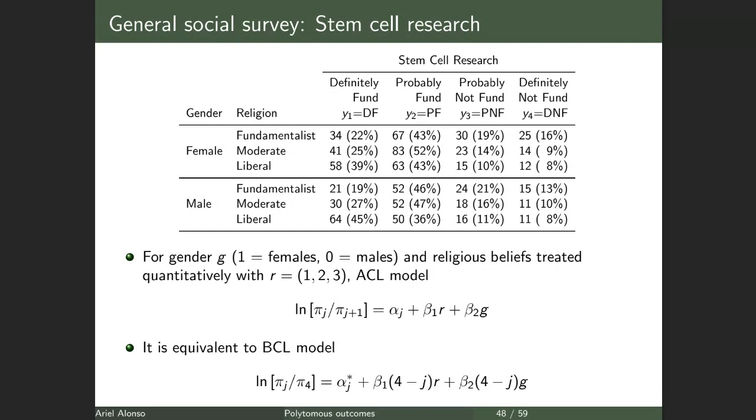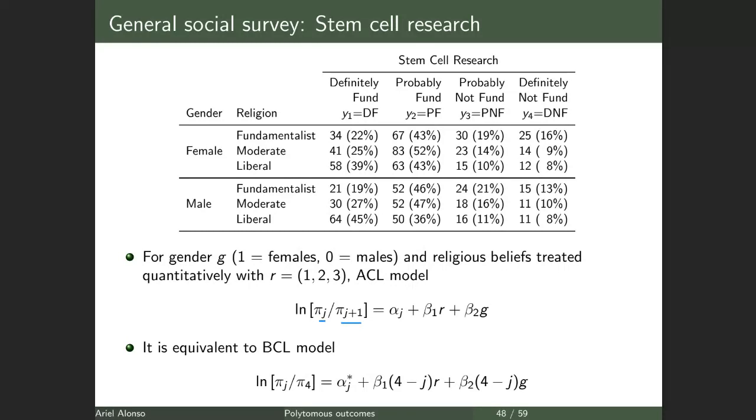So this is going to be now my ACL model. So I'm modeling here the logarithm of the odds of having response j in a state of response j plus 1. For instance, the odds of definitely fund stem cell research with probably fund stem cell research.